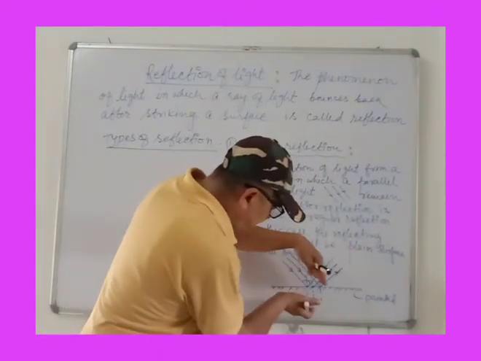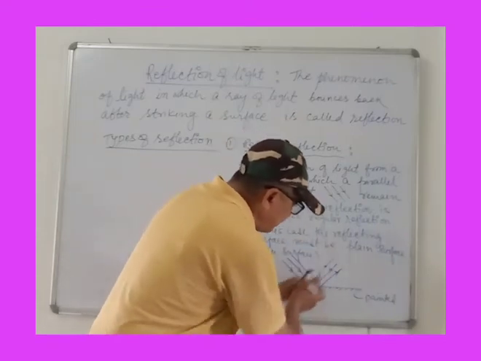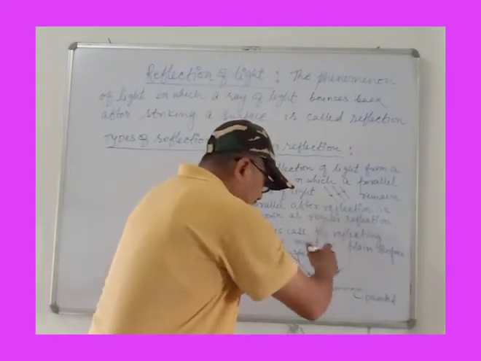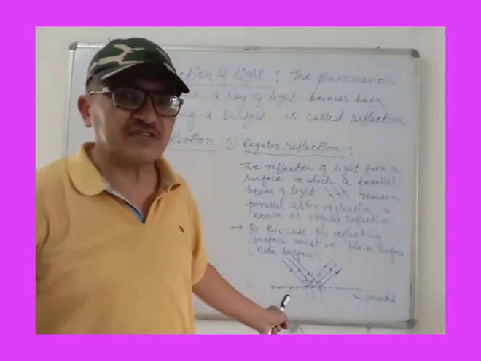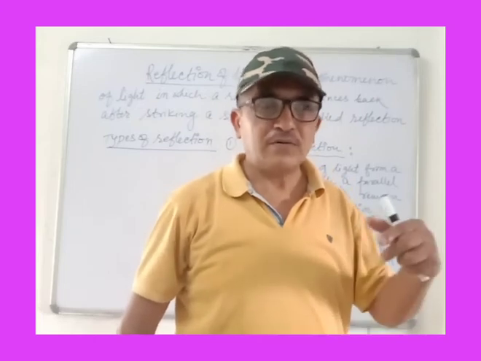In whatever direction it is coming, by maintaining the law of reflection, it will return in one direction. So we have to adjust ourselves in a particular position to see the object due to this reflection, and this is not much used in our everyday life. Clear? Not much used.